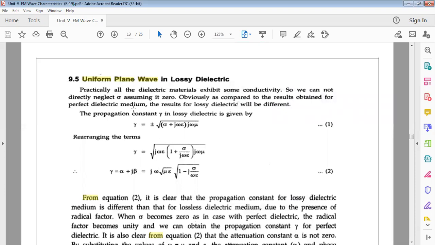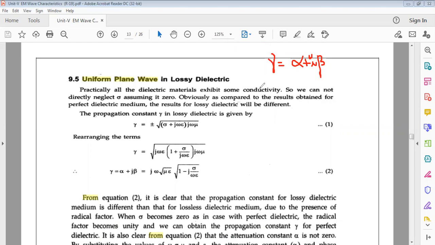Before going to the uniform plane wave in the lossy dielectric, recall some formulas regarding these functions. The gamma is equal to alpha plus j beta, where beta is the phase constant and alpha is the attenuation constant. The phase constant is an imaginary coefficient and the attenuation constant is a real term.